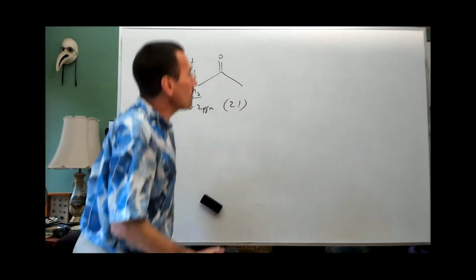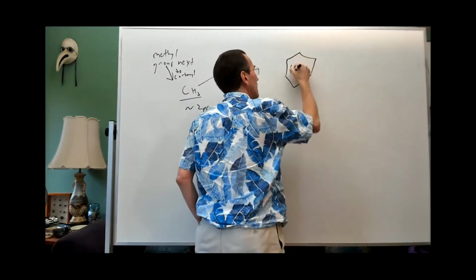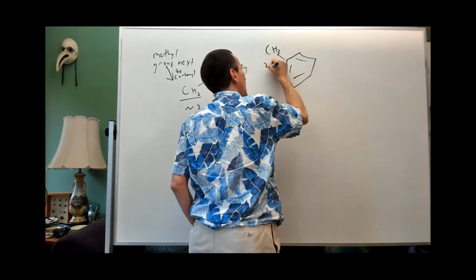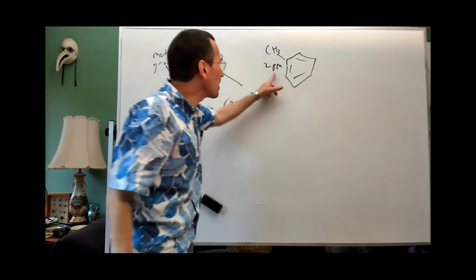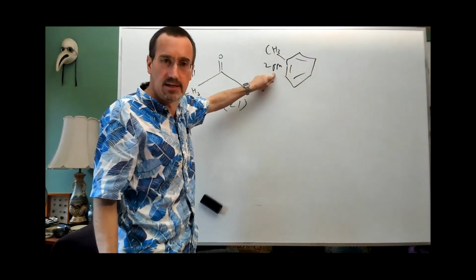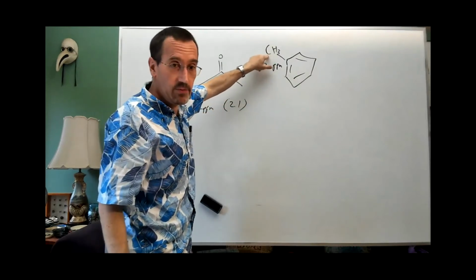And if we're lumping, the other thing that I'll lump is a methyl group on an aromatic ring. And I'll also lump that at about 2 parts per million. We'll talk about ring current in just a second when we get to benzene. But, toluene, basically, you feel the ring current.